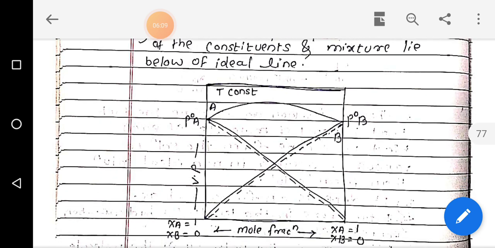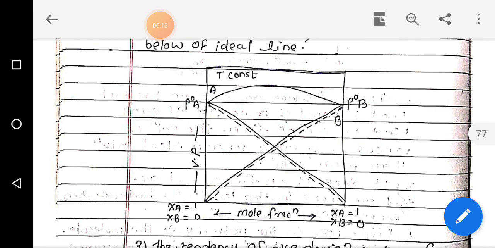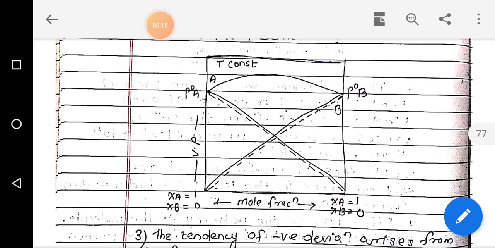So here the positive deviation is given. Along one axis is the mole fraction, and along the other axis is the vapor pressure. When the mole fraction of A is equal to 1, the mole fraction of B is absent.